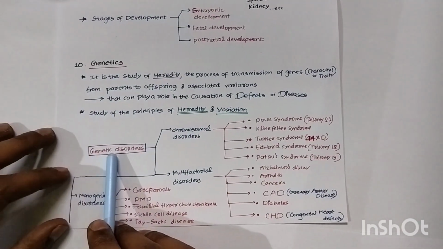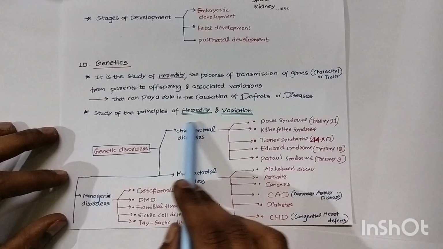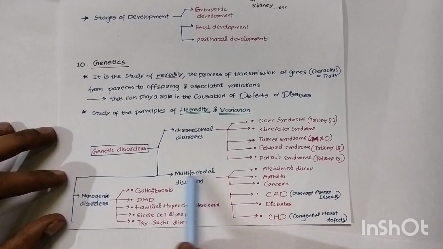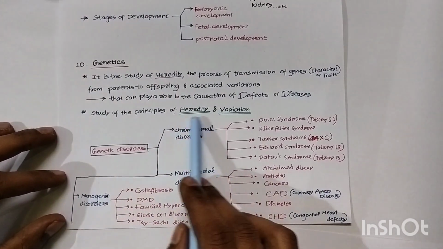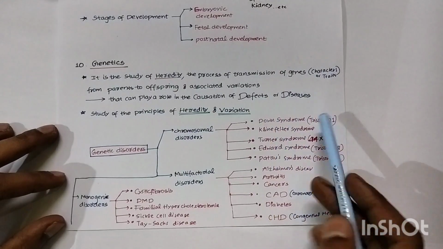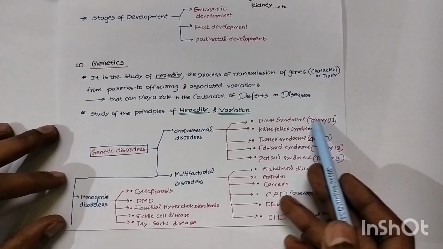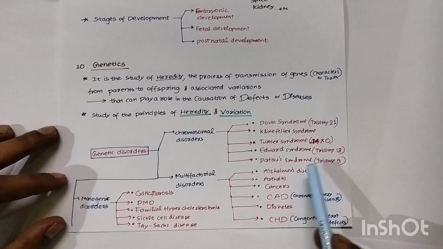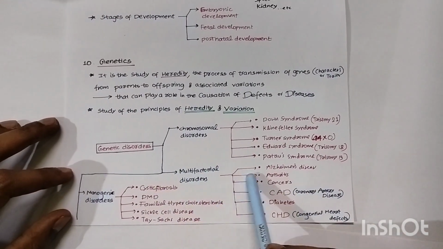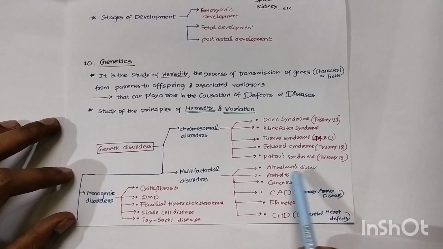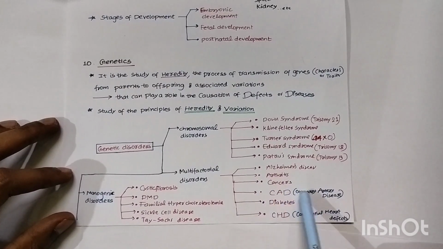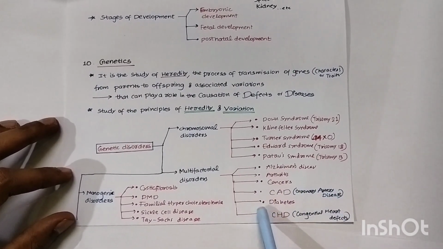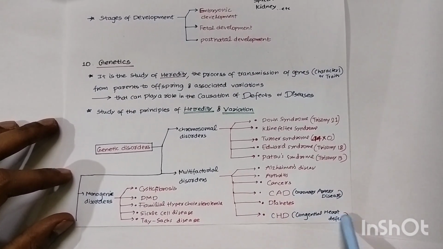If you look at genetic disorders, they can be chromosomal disorders, multifactorial disorders or monogenic disorders. Chromosomal disorders include Down syndrome or trisomy 21, Klinefelter syndrome, Turner syndrome, Edwards syndrome, and Patau syndrome. Multifactorial disorders include Alzheimer's disease, arthritis, cancers, CAD (coronary artery disease), diabetes, and CHD (congenital heart defects).